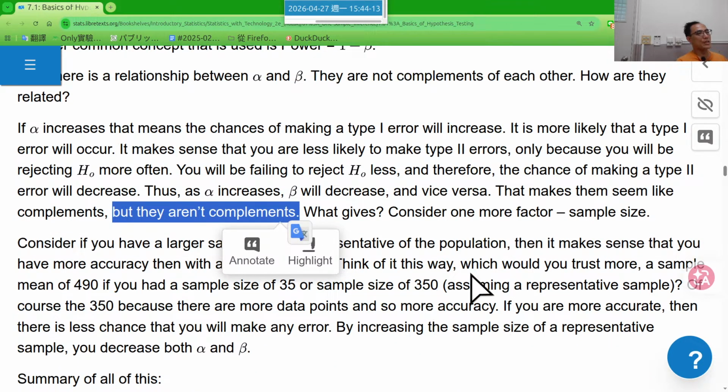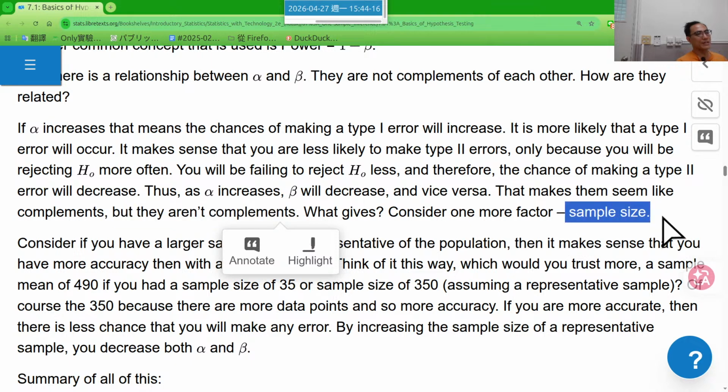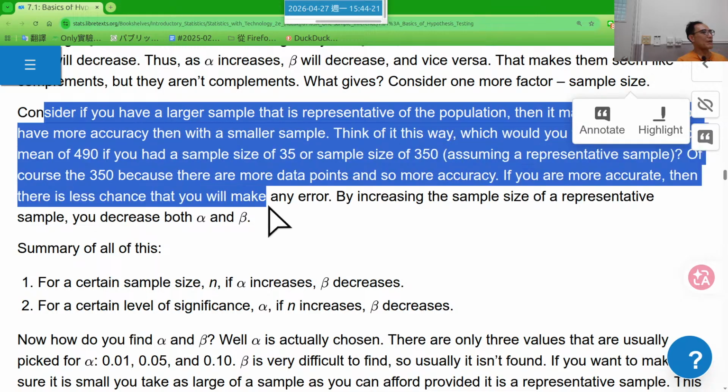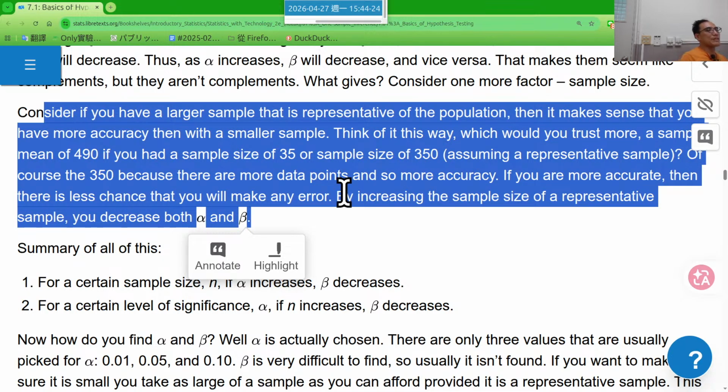What gives? Consider one more factor: the sample size. If you have a larger sample size that represents the population, it makes sense that you have more accuracy than with a smaller sample. Think of it this way: which would you trust more, a sample mean of 490 with a sample size of 35 or a sample size of 350, assuming a representative sample?